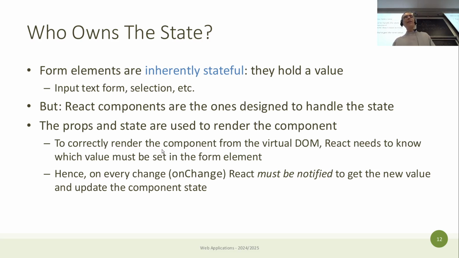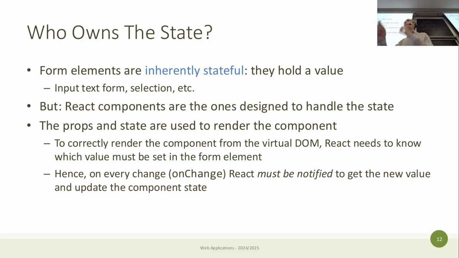To correctly render the component from the virtual DOM, React needs to know which value must be set in the form element. So React renders the element of the form, this input type text, this text field where you have your name, and when it renders the field, it needs to know which value has to be put inside, so it has to be shown. So React needs to have a state that holds this value.